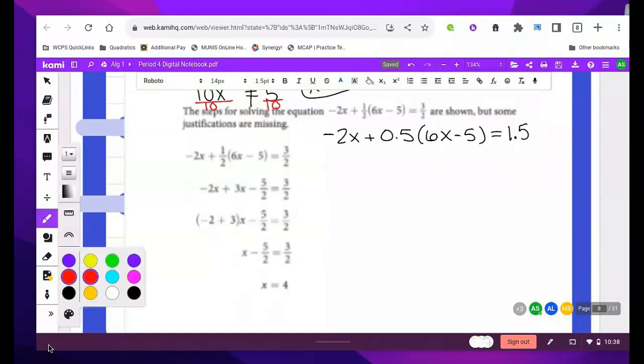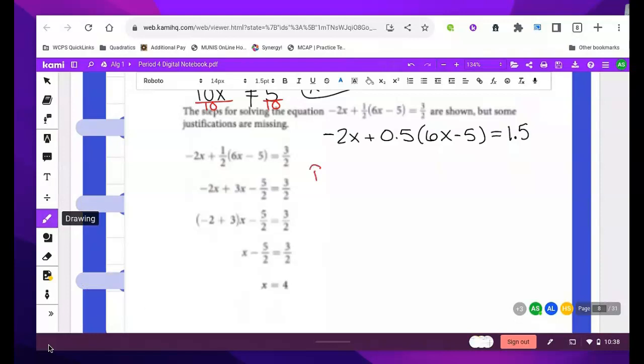So let's look at step 1. Step 1, we need to use the distributive property. So we're going to distribute that 0.5. Notice I'm not doing anything with that negative 2x, so I'm going to keep it exactly how it is. Now I'm going to multiply 0.5 times 6x, which gives us 3x. And now we're going to distribute 0.5 to negative 5.